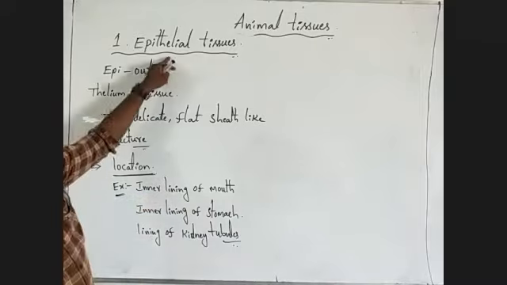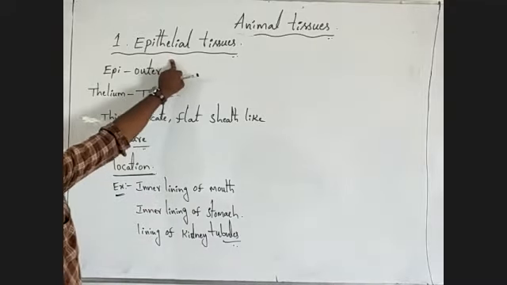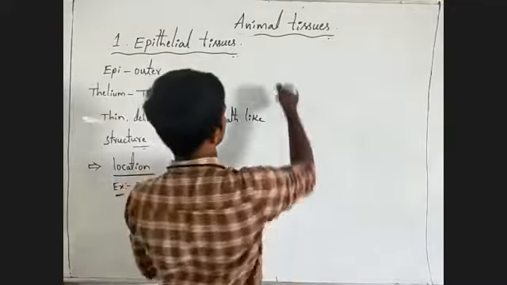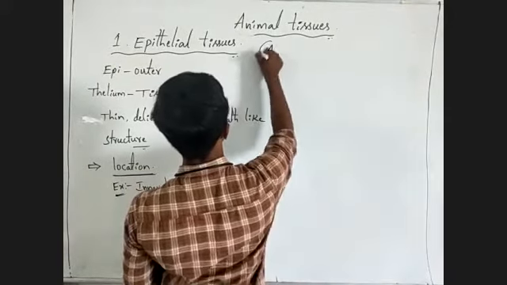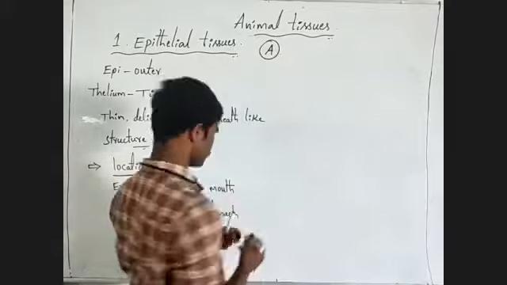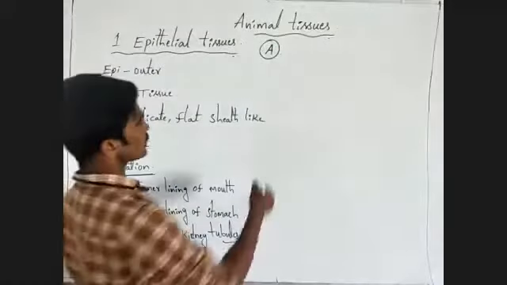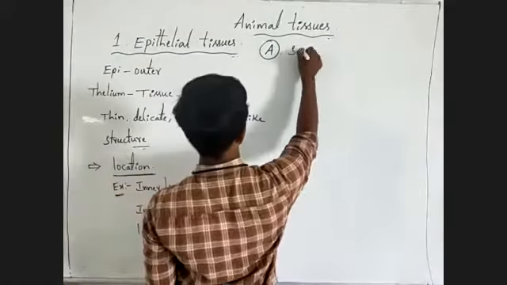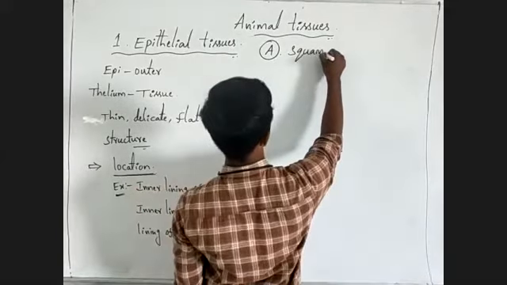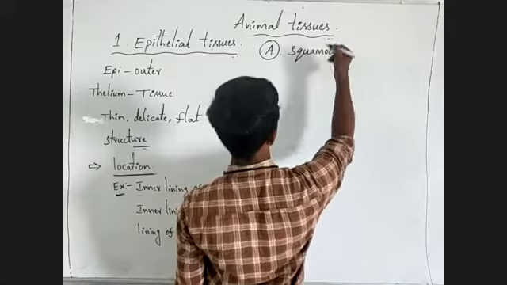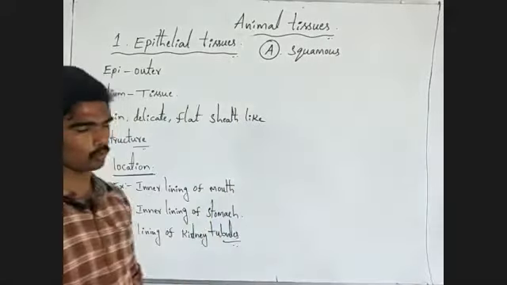Epithelial tissue has different types. There are different types of epithelial tissue. The first type is squamous epithelial tissue.